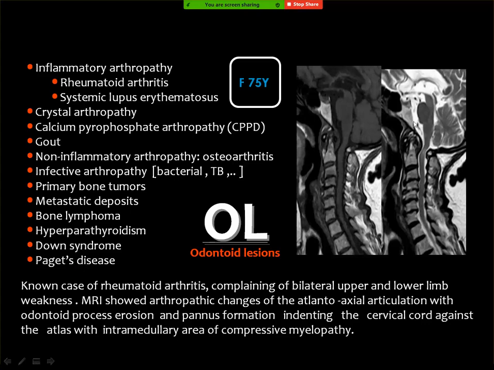Then in this particular case, you see there is a mass surrounding the odontoid, which is an indication of this disease we just have mentioned.